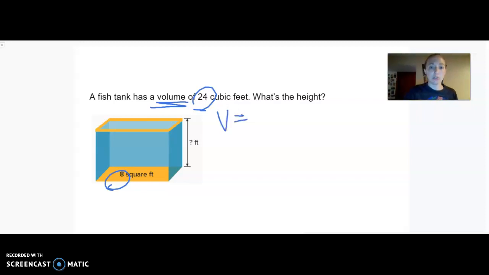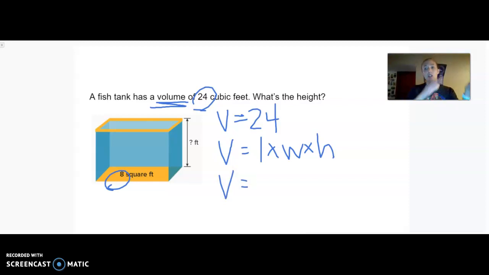Okay, so let's make a note. Volume equals 24. Now, let's think back to how we figure out volume. I know that the volume is length times width times height. It's both this, and I can think about the area of the base times the height.